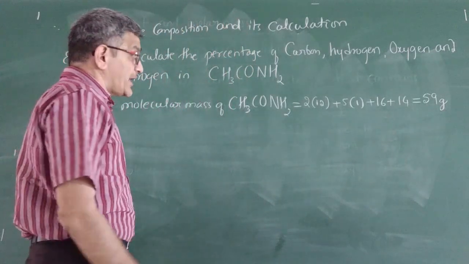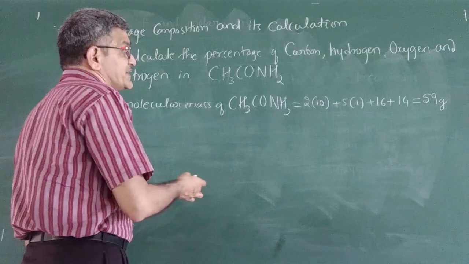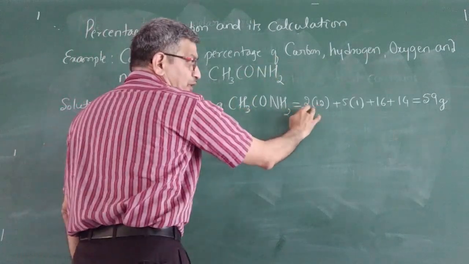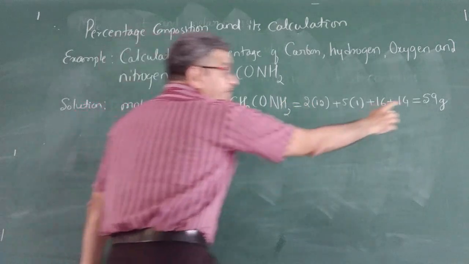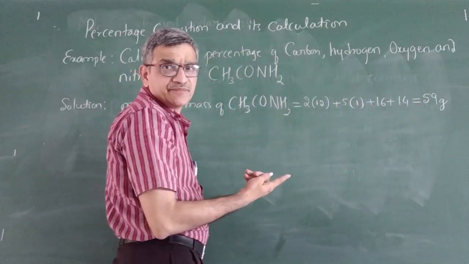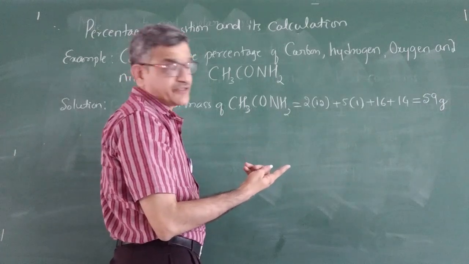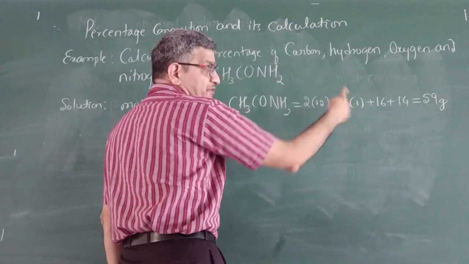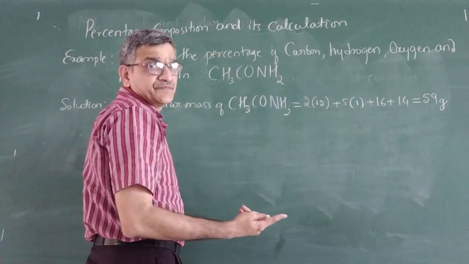Okay, now you have to calculate the percentage. What is the carbon percentage? Here the mass of carbon is 24. In 59 gram there are 24 grams, therefore for 100 that gives you the percentage. Similarly, for 59 gram hydrogen is 5, therefore for 100.